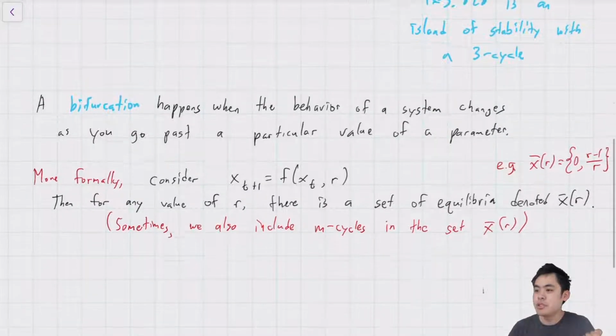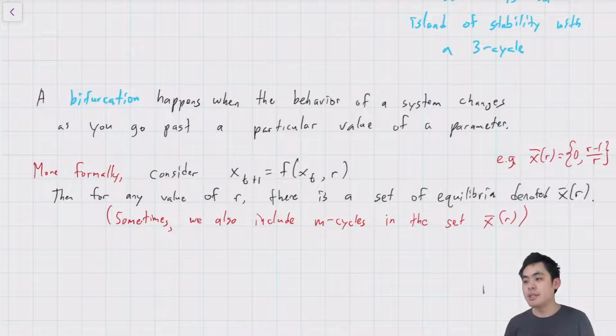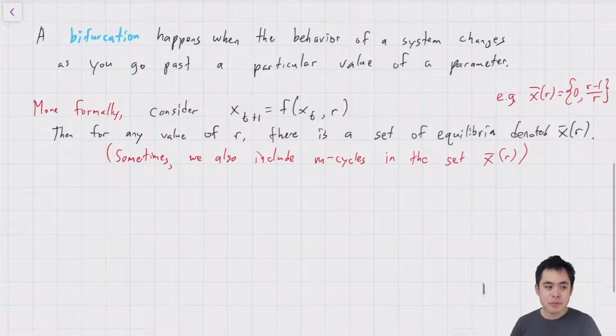So we are just using this x bar of r to denote the various special points, either equilibria or the periodic solutions of our difference equation, as a function of this parameter r. Though the same sort of stability analysis can be applied to differential equations as well, which we'll do later in this class.